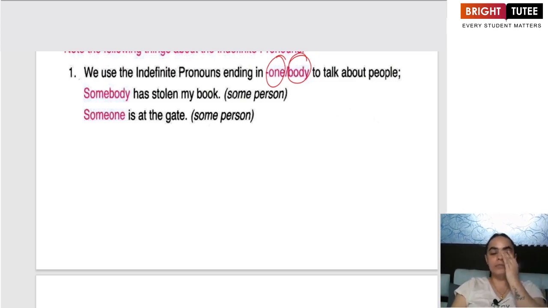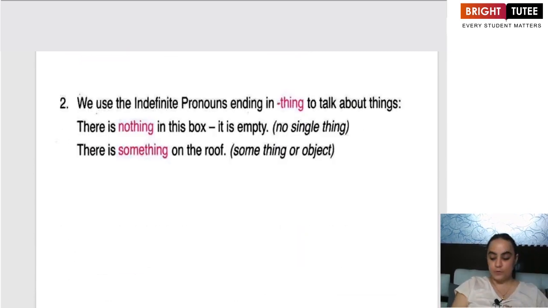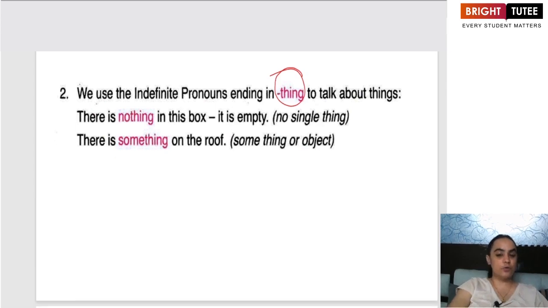Anybody can come, anyone can come, somebody can come, someone can come, everybody can come, everyone can. Next, those pronouns which end with thing, everything, nothing, something, anything, are always used for things. There is nothing in the box, nothing is valuable now, something is bothering me, anything will help me. So these are used to talk about things.